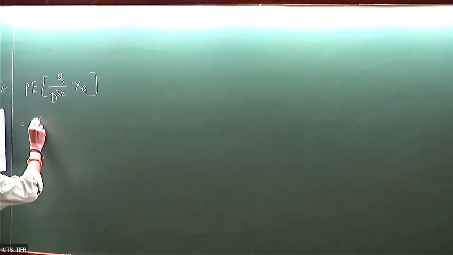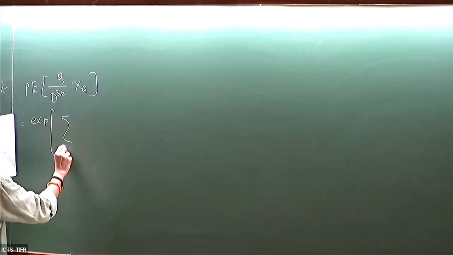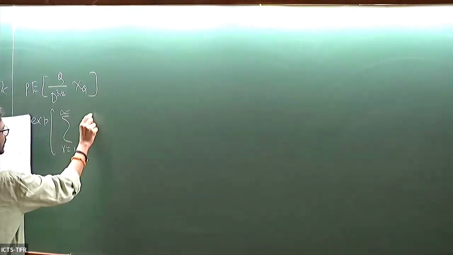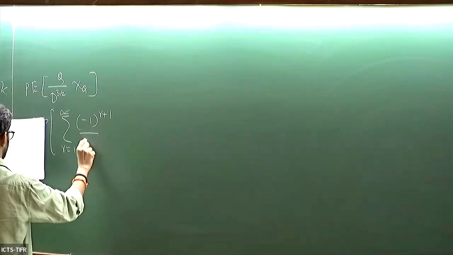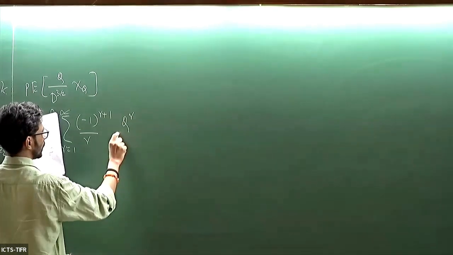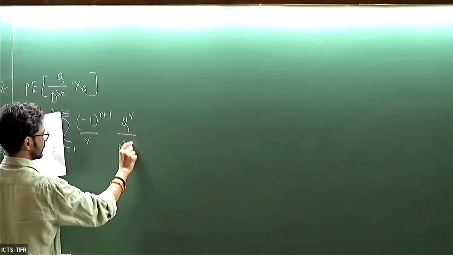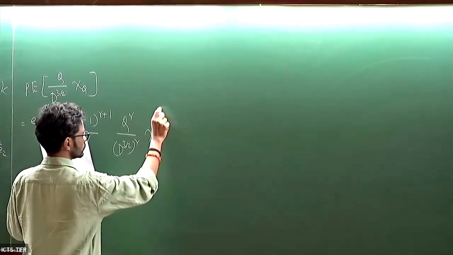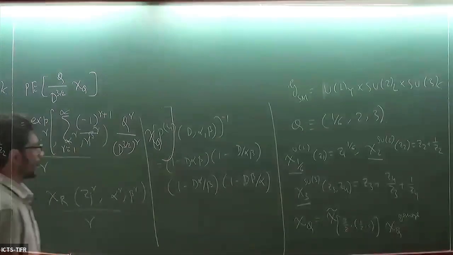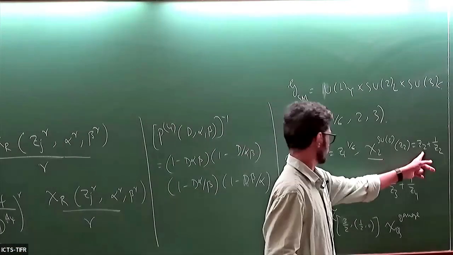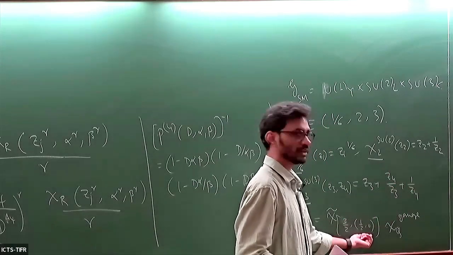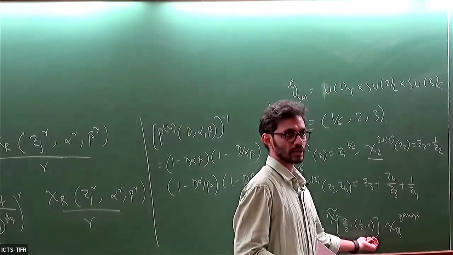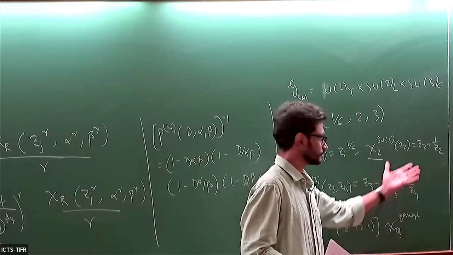I write it as an exponential of the sum over r equal to 1 to infinity, fermion so minus 1 to the power r plus 1 by r, q to the power r by D to the power 3 by 2 to the power r, and then I have chi q. That's all. And this chi q will have how many torus coordinates? 1, 2, 4, and then for SU2L consider another 2, 6. That's all.